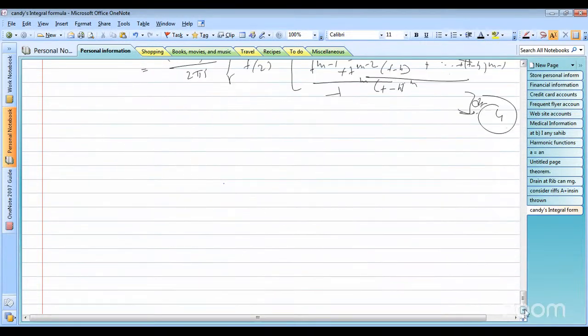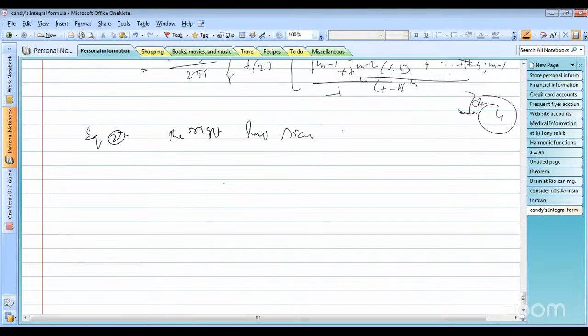Then the right hand side of the nth term formula f^(n)(z0) we are writing here. Take equation 2, the right hand side.